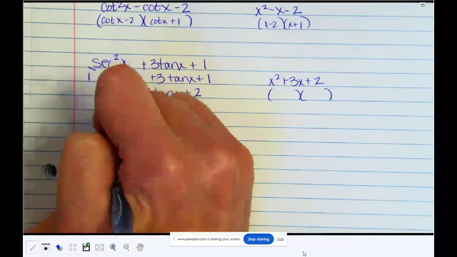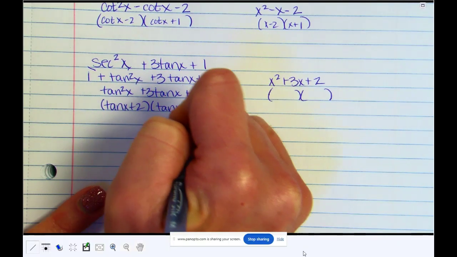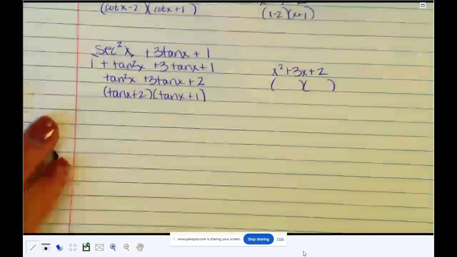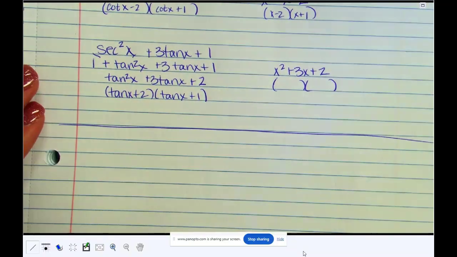Yeah, so tangent x plus 2, tangent x plus 1. Okay, now that's the only new thing I have to teach you. I want to remind you, we did this on our test, so it's not like it's anything new.